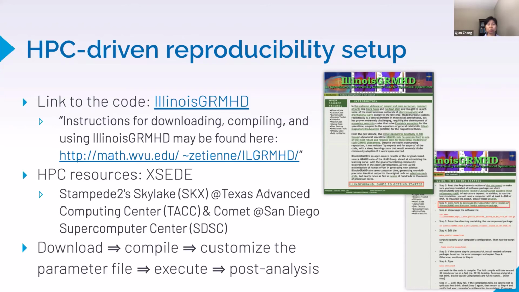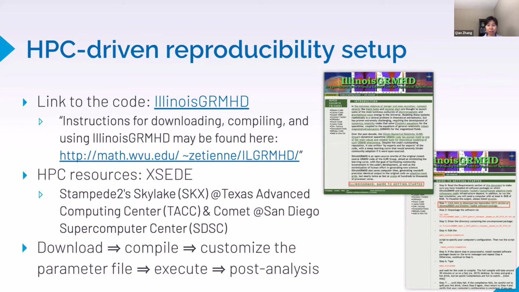Both clusters provide us, as the reusers, with a scratch space, or file system, for temporary and large simulation data storage produced by the numerical model. The general reproducibility workflow starts with downloading the necessary data and code, especially for the numerical model. We compile the numerical model or source code, doing some configuration and maybe some debugging.